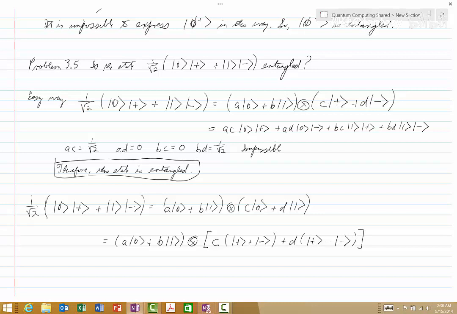Let's see. Let's think about this. Maybe we need to let's check this. I believe we need a factor of square root of 2 in here, so let's check.